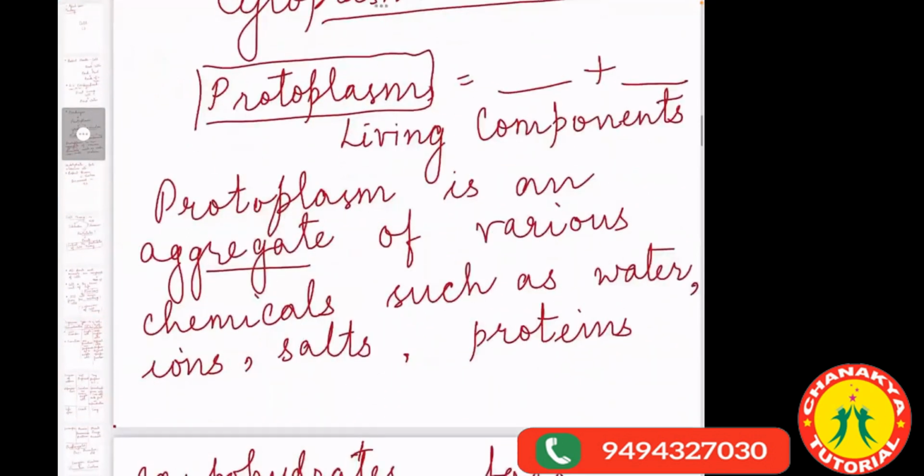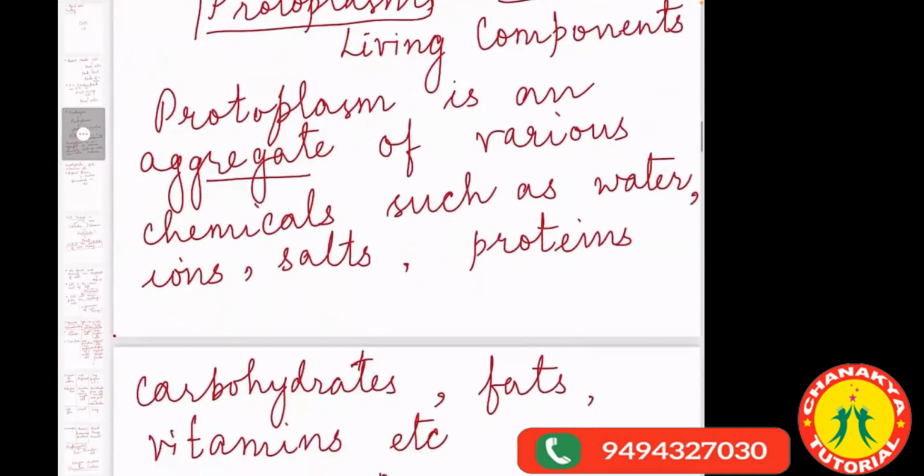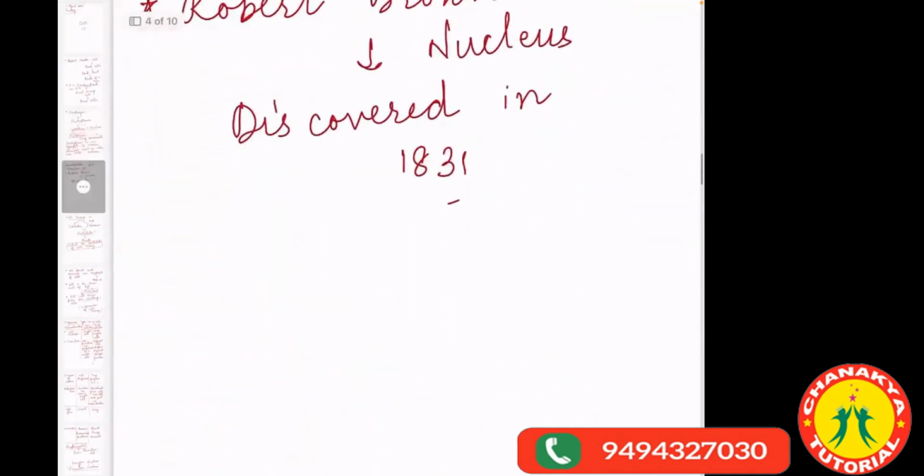Protoplasm is the aggregation of various chemicals such as water, salts, ions, proteins, carbohydrates, and fats, all these together. Then Robert Brown discovered the nucleus in the year 1831.